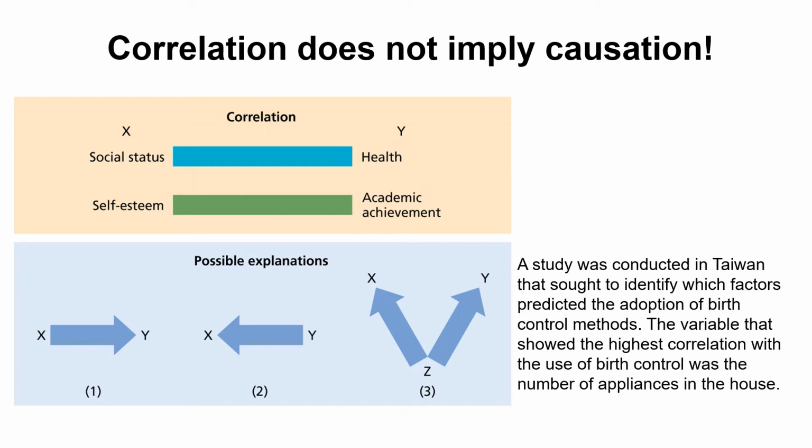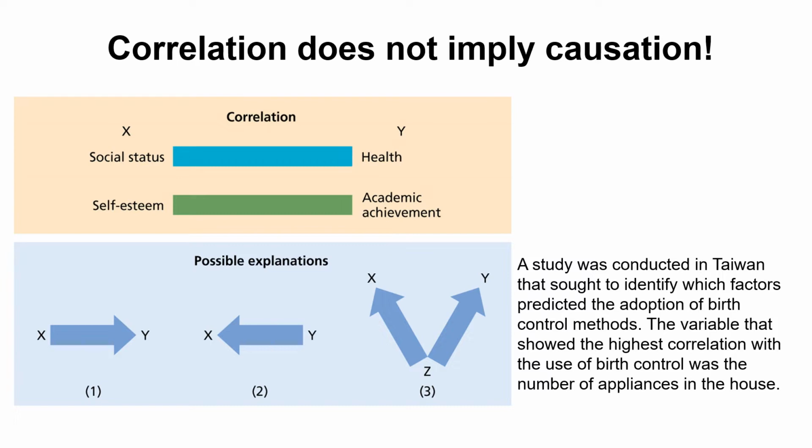A study was conducted in Taiwan that sought to identify which factors predicted the adoption of birth control methods. They did a correlational analysis because they're just doing a survey. The variable that showed the highest correlation with use of birth control was number of appliances in the house. So there's a high correlation in Taiwan between number of appliances and use of birth control.